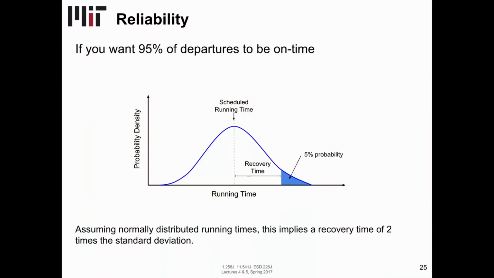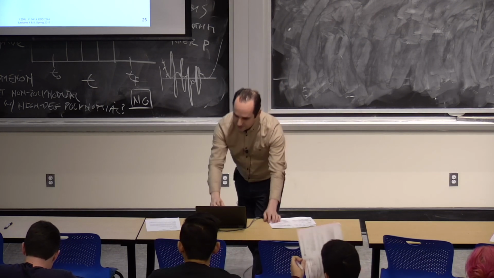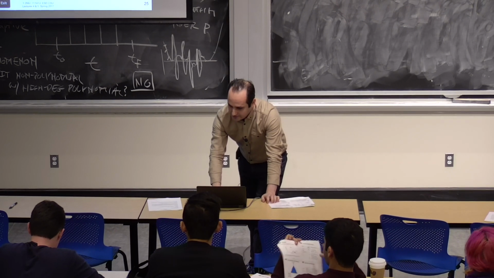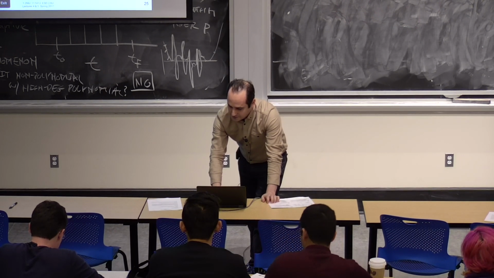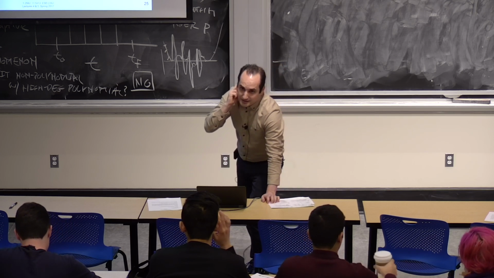So if you observe that in some of the routes the performance in terms of punctuality is poor, then you can take a look at the historical data and historical performances in terms of running time. Revise the running time from terminus to terminus, and you can revise that to be the mean of this distribution, assuming that the running times are distributed normally.